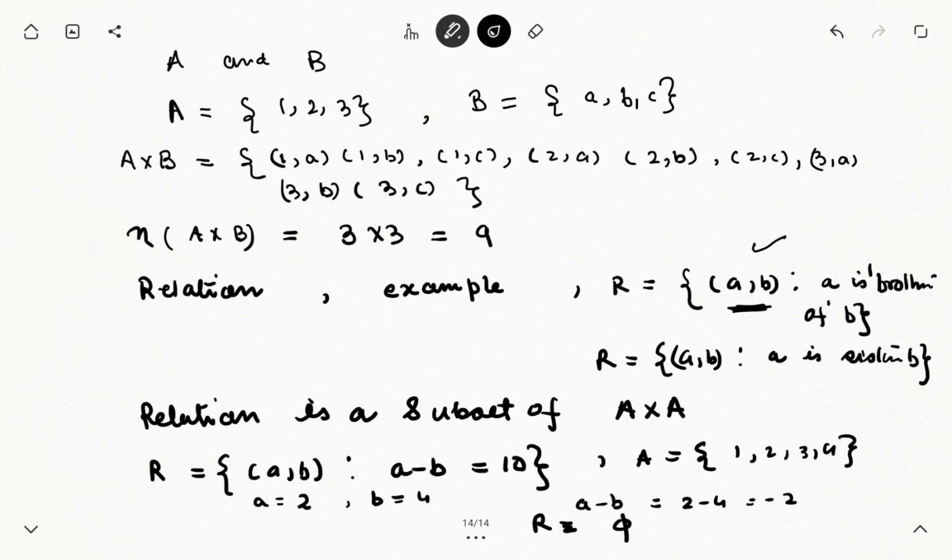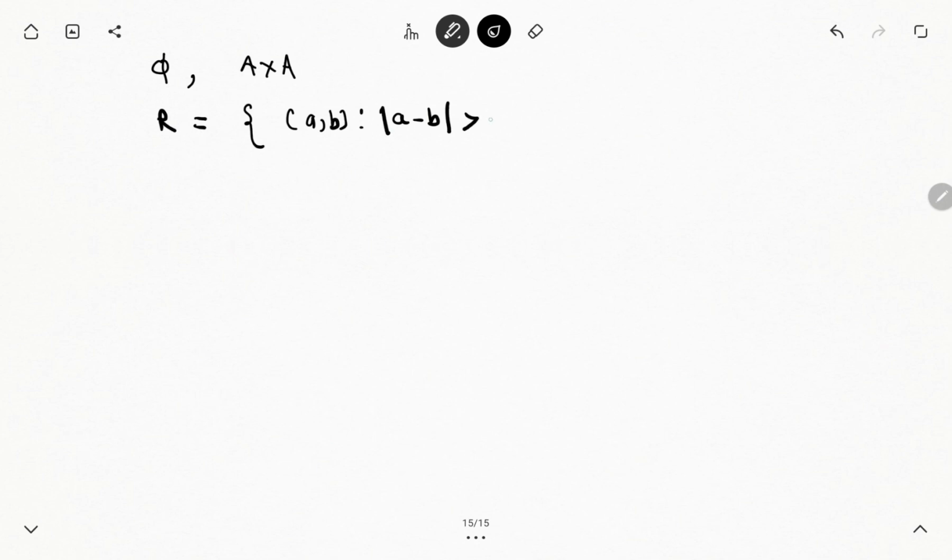Right? So you know that the empty set and the whole set, these two sets are extreme relations. Here we have got this empty set. Now how we will get A cross A? Now if we consider another relation R, how A is related to B, such that the absolute value of A minus B is always greater than or equal to 0.